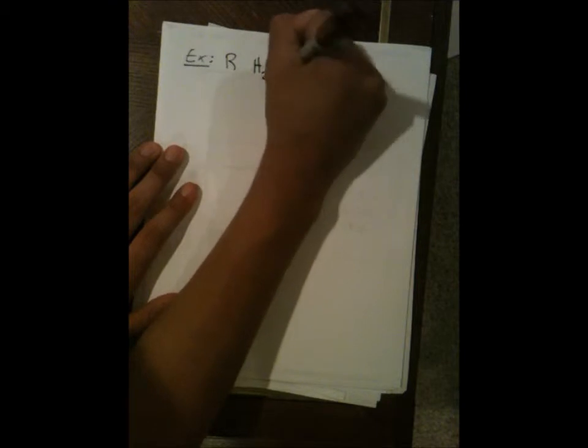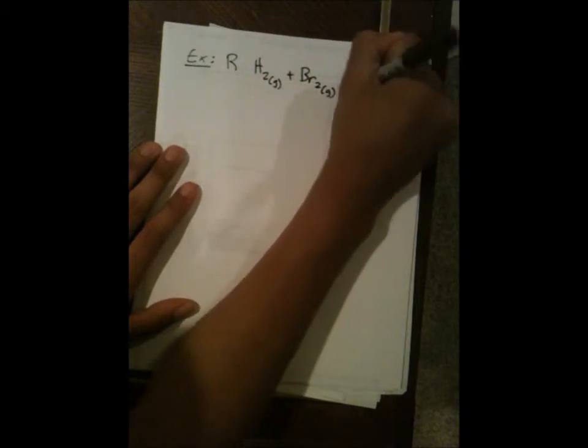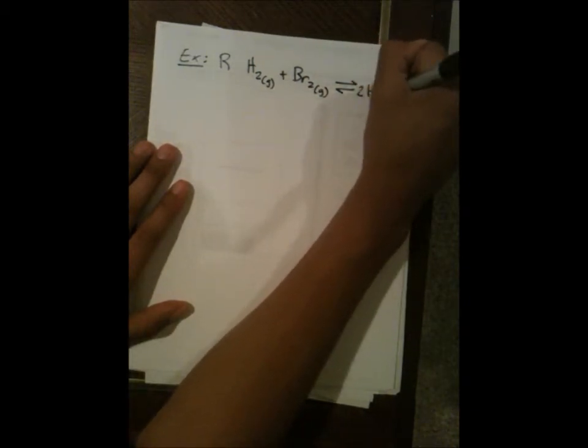So, the reaction that we have is H2 gas plus Br2 gas goes to 2HBr gas. Okay. So you notice I wrote an R right here. I wrote an R because I'm making a rice box.